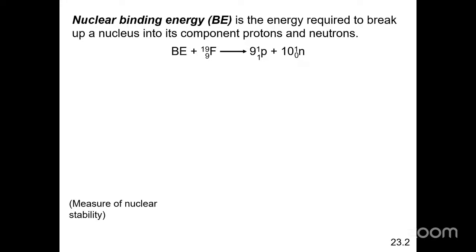Now, let me just say this before I move on. And I think I remember making this point for those of you who were enrolled in my Chem 1 class previously. I remember saying that it turns out that the total sum of the masses of the protons and neutrons present in an atom is not necessarily equal to the mass of the atom itself, right?